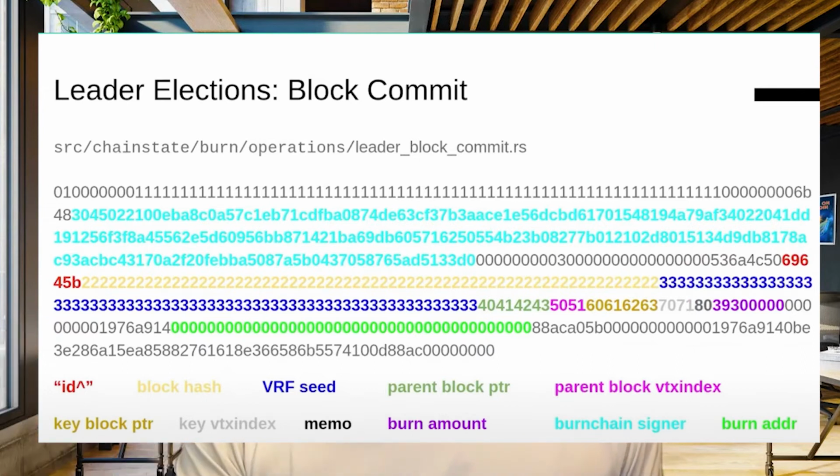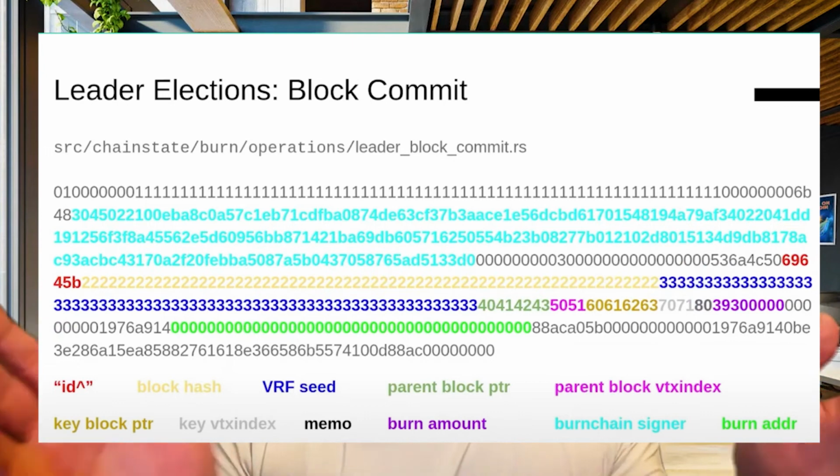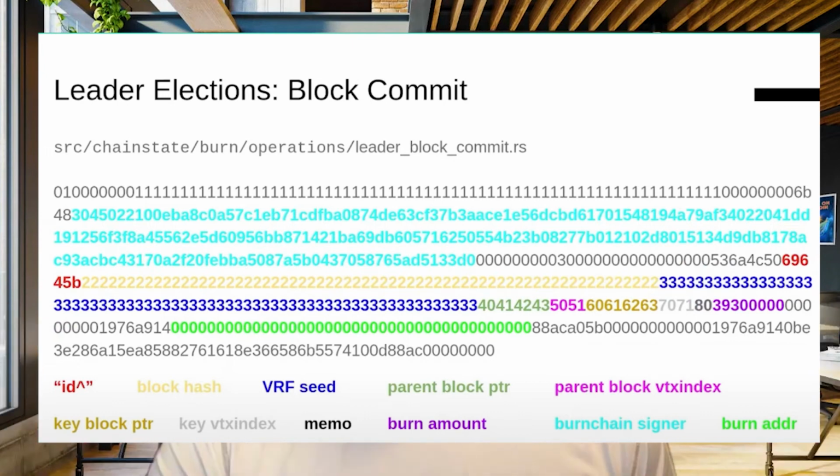In proof of transfer, which is most of the time, this burn address is actually 2 stacker addresses because there's 2 stacker rewards in every block. And so there'll be 2 stacker Bitcoin addresses, and they'll split the Bitcoin into their respective addresses. And that's it. That's where you get your Bitcoin yield at that last little tail end there.